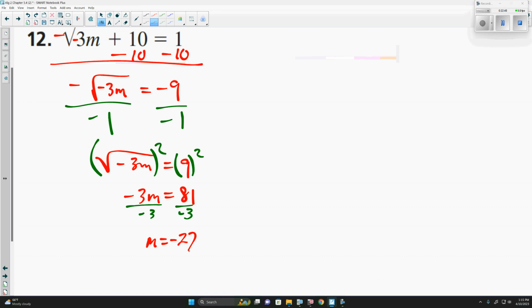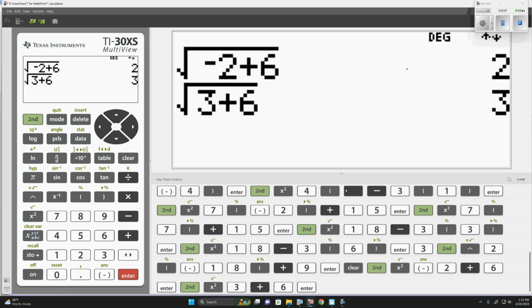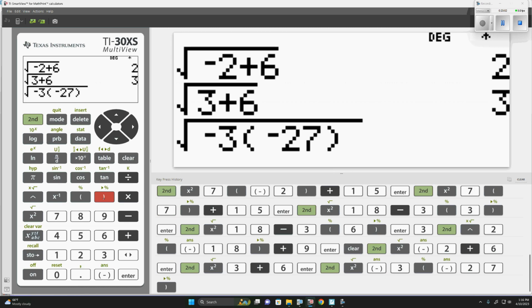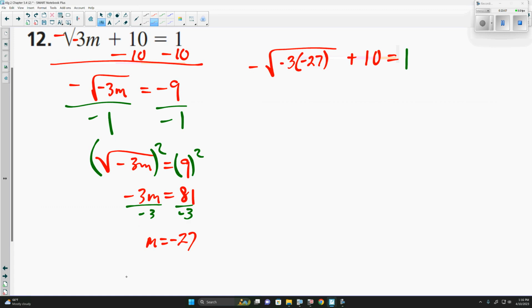And if that were a real question, right, we would check. So here, we can do just the radical first. So square root of negative 3 times negative 27 is positive 9. We have negative 9. Well, that'd be negative 9 plus 10. So it still works.